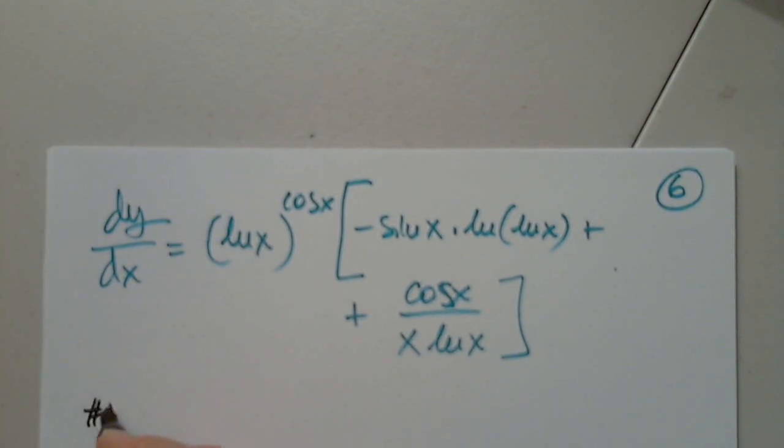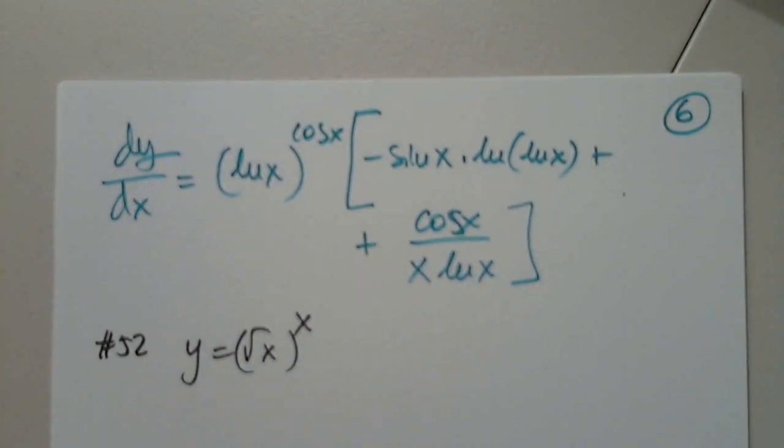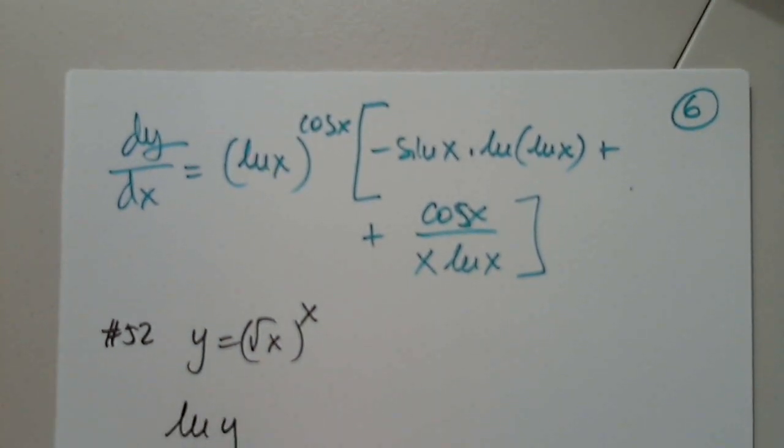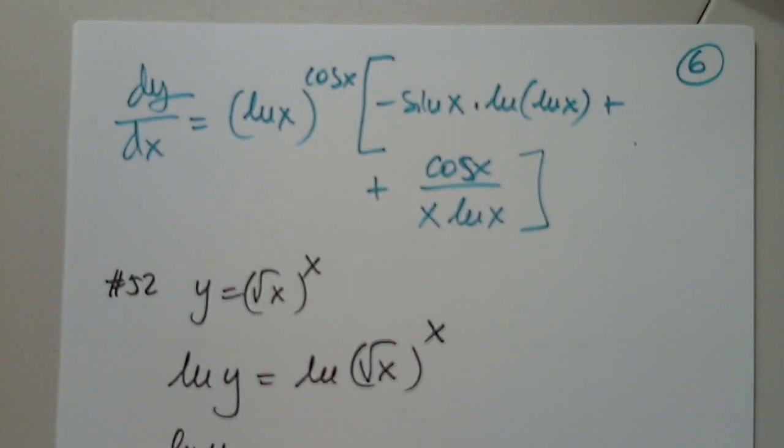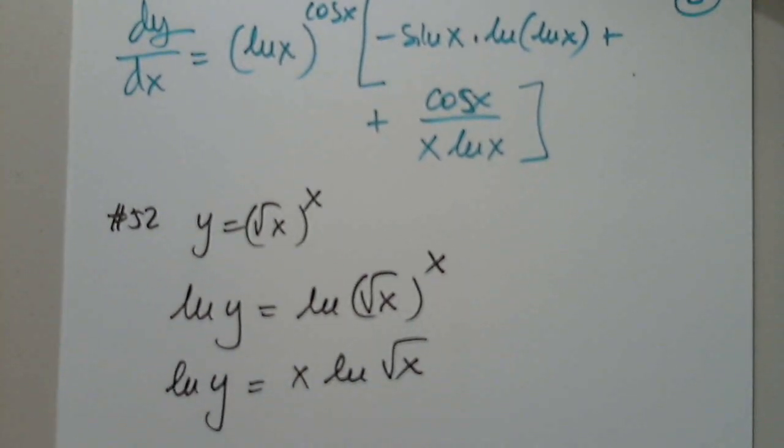Awesome. So 52, y equals the square root of x raised to the power x. So the first step is natural log of y equals natural log of the square root of x to the power x. Of course, we discussed that, natural log of y equals x times natural log of the square root of x.